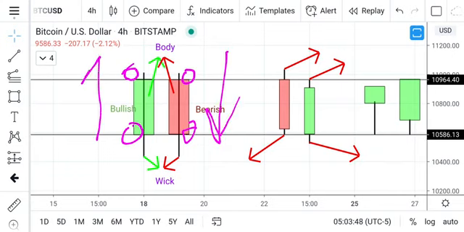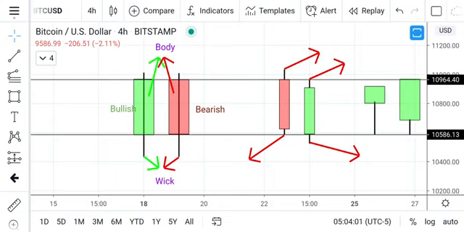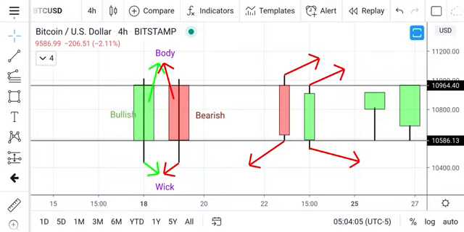For each candle there is a swing high and a swing low. The swing high is the highest point that the candlestick went to before price rejection, and the swing low is the lowest point that the candlestick went to before price rejection.